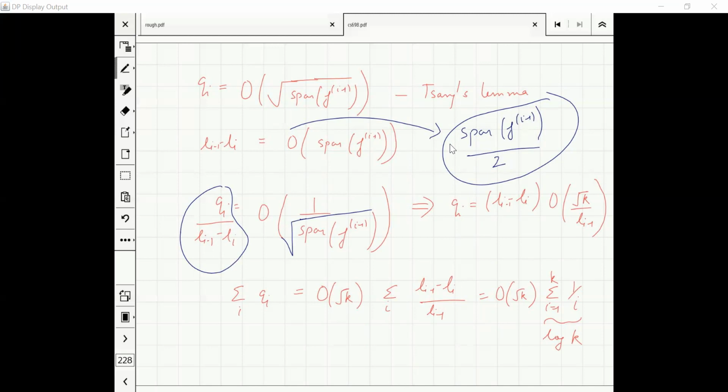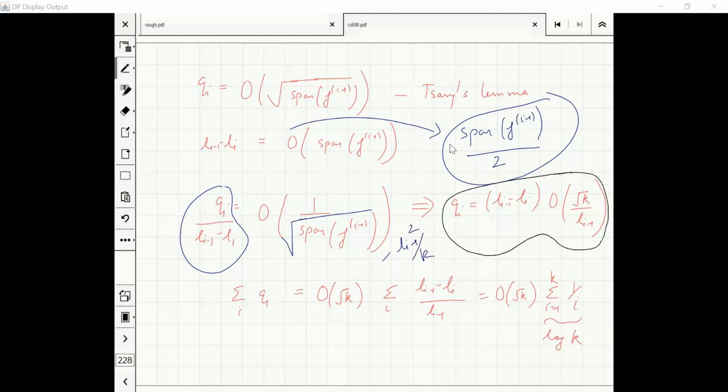And what do I know about the sparsity of Fi minus 1? What did I know? That even at the stage i minus 1, there exists a function whose sparsity was very high, greater than or equal to L square by K, that is, Li minus 1 square by K. So just putting it in, I get this form.